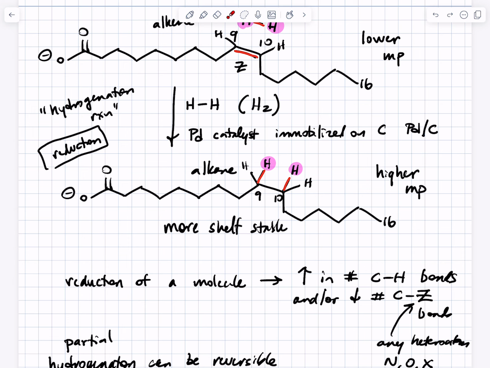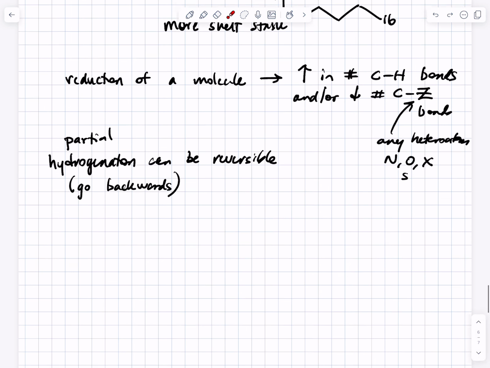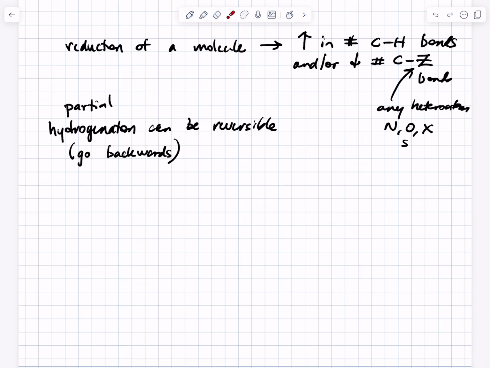Maybe for whatever food purposes or taste and texture you want a lot of the double bonds to be gone, but not all of them. If it's incomplete, when you start the reaction, I'm just going to zoom in on the part of the molecule that's cis, as this is the 9Z double bond. This is our starting point.